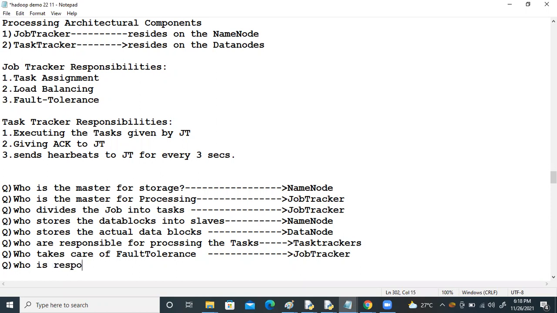Who takes the responsibility in name node failure? Secondary name node, right?